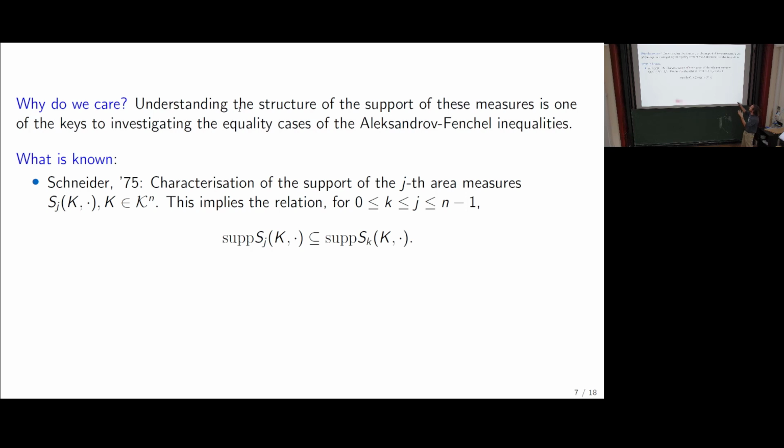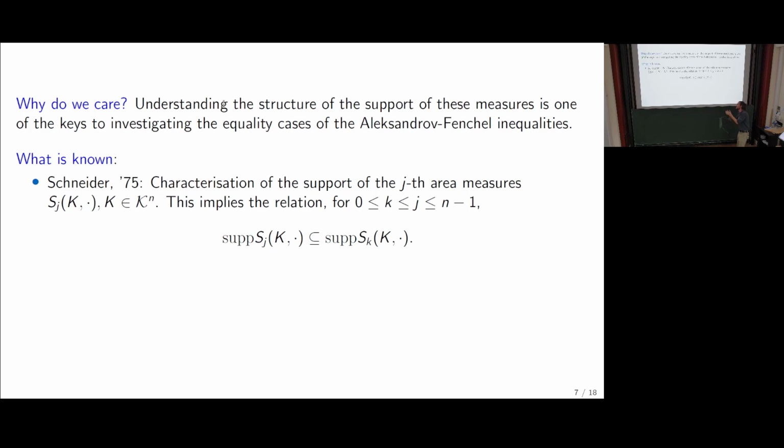And there he introduces a concept, and the support of this is basically its Jth extreme vectors, which is a generalization of what I was saying before about extreme vectors, a similar concept, but we won't get into that. And for example, understanding that implies the inclusions of the support, which then gives some monotonicity, for example of intrinsic volumes. So this is one of the ways that one can really use these properties.